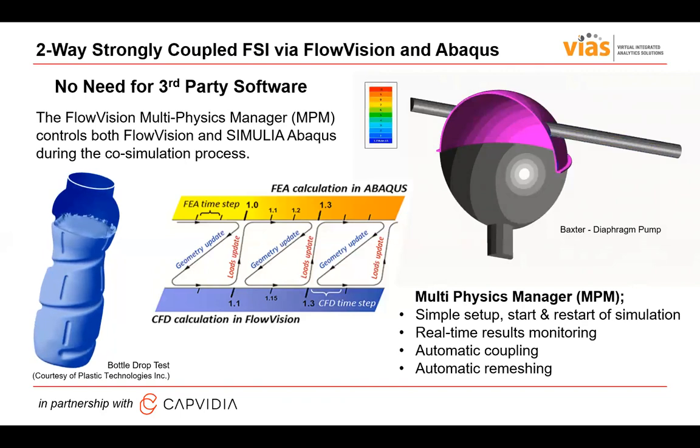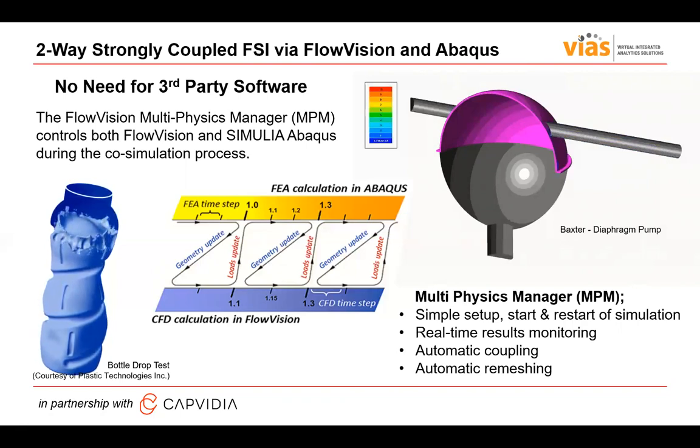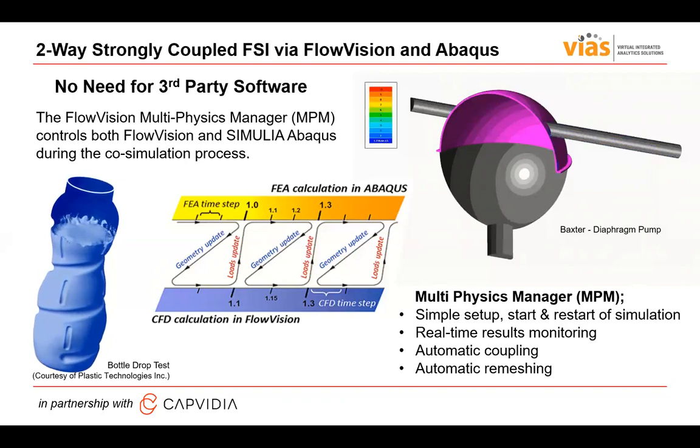Then you see in the middle some calculation steps as a sample. And here, in such a process, to make sure about the accuracy, the time steps are important. In this respect, we define three independent time steps: the finite element, CFD, and data exchange time steps.